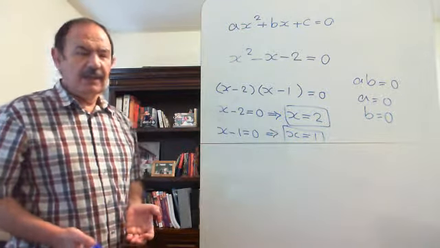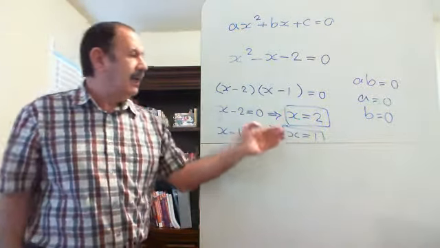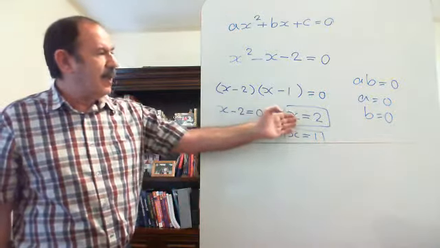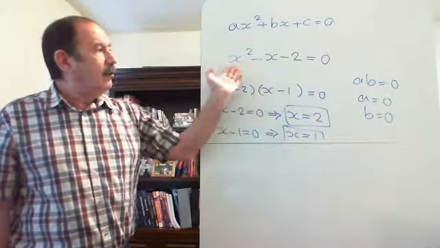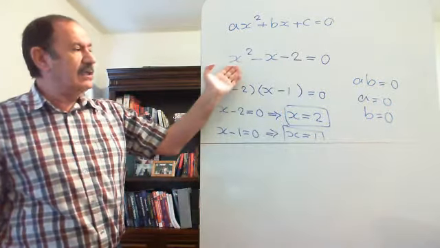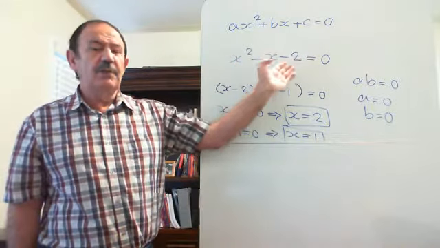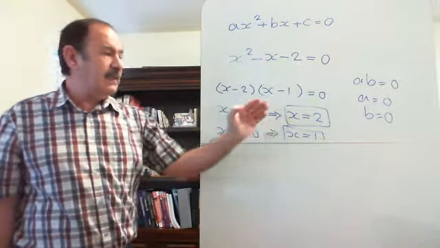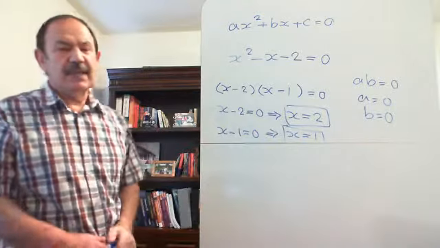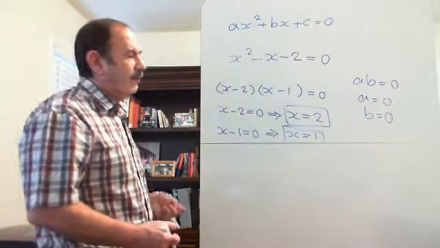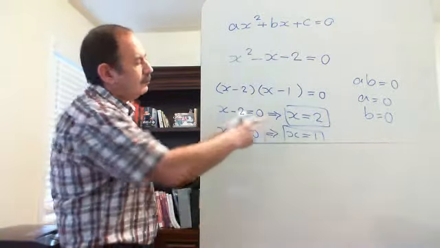How can we check that our calculation is right? If instead of x I substitute 2 in the original equation, it should end up to 0 if I don't make mistakes, and the same for x equal 1. Let's check it.